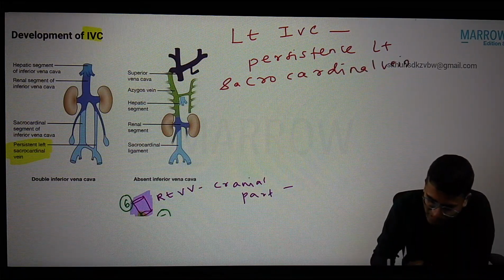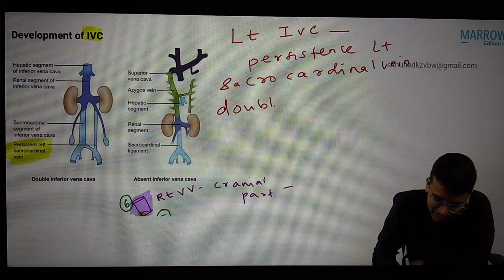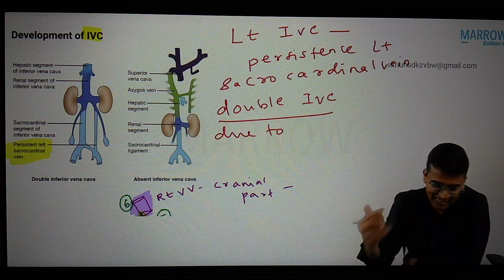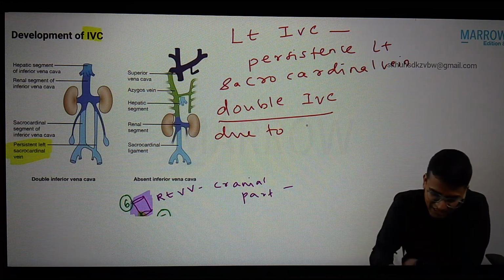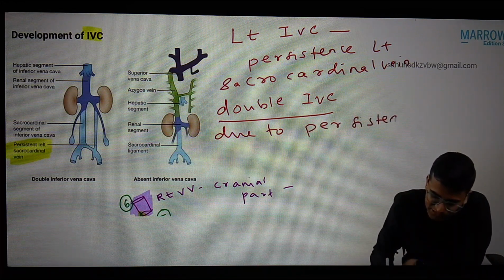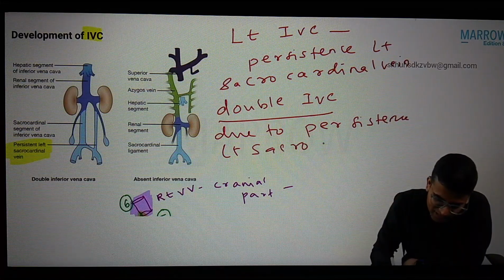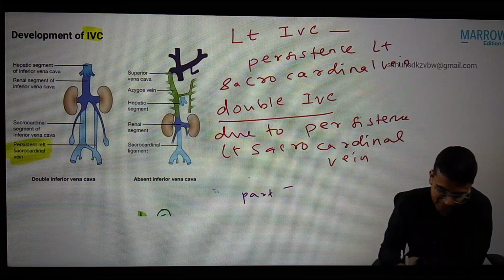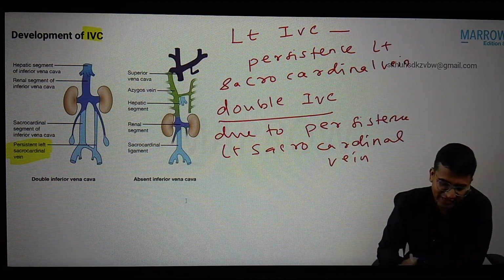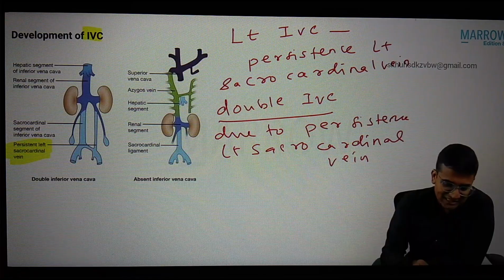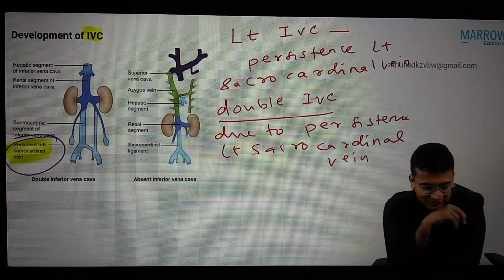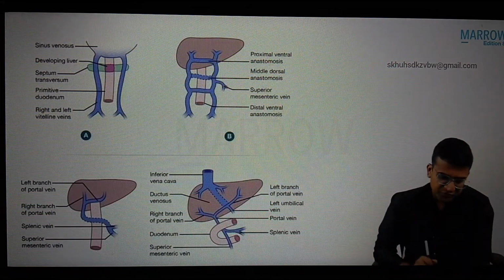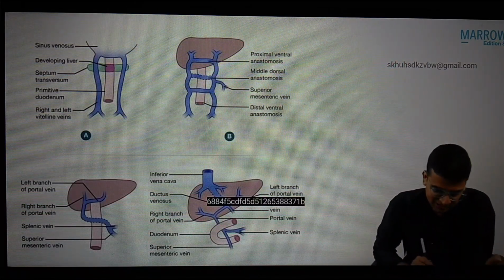That is the best answer. Okay, right. So that's all about the inferior vena cava formation. Usually they ask double IVC due to persistence of left side sacrocardinal vein. Now we're going to see one more vein, portal vein formation.